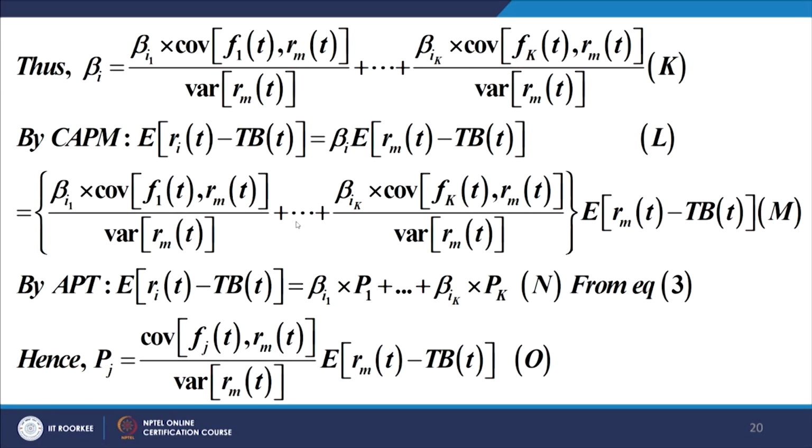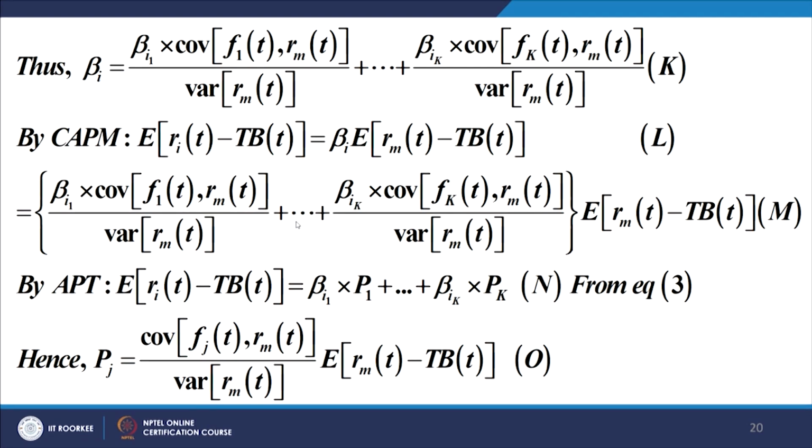Now, we also know by the CAPM equation that equation L holds in the context of the CAPM model, where the expected excess return on a security is equal to beta times the expected return on the market, which is what is given in equation number L. Substituting the value of beta, we can write it in the form of equation number m.